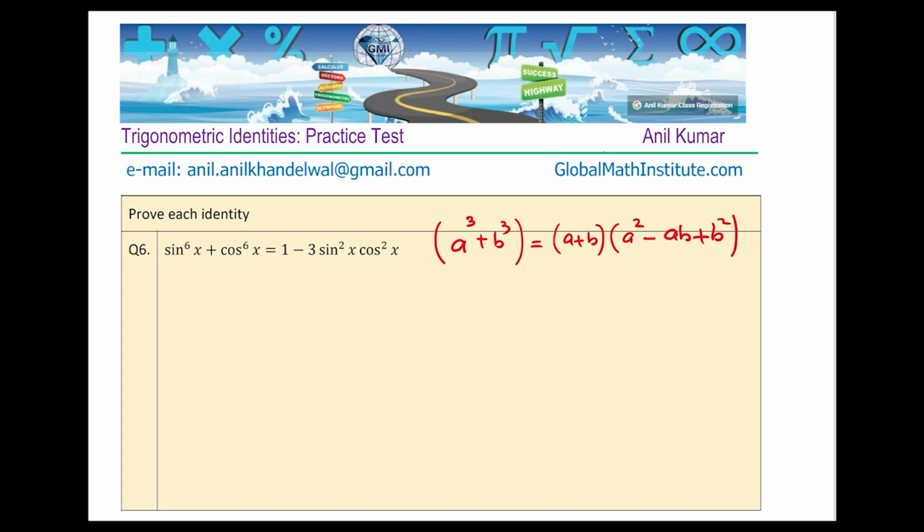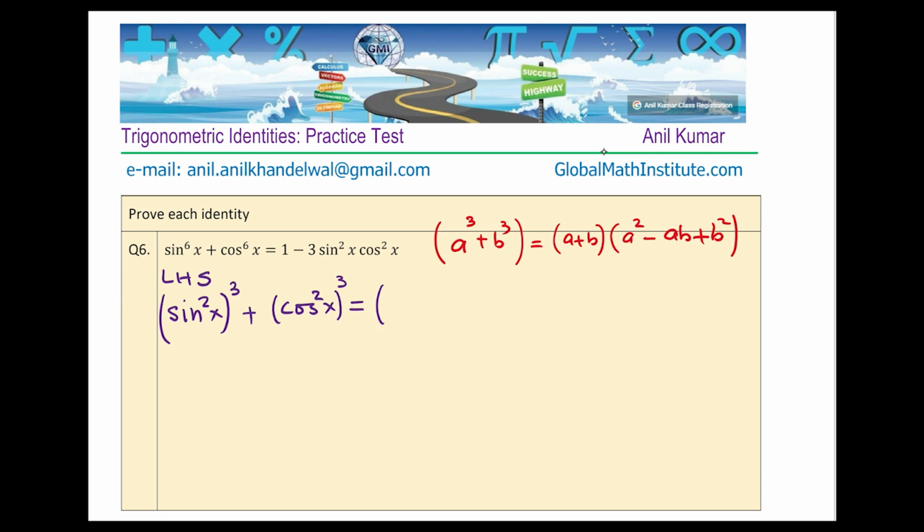So let me rewrite the left hand side as a sum of cubes. We could write sine to the power of 6x as sine square x whole cube, and similarly cos to the power of 6x can be written as cos square x whole cube. And now we can expand it using the standard formula.